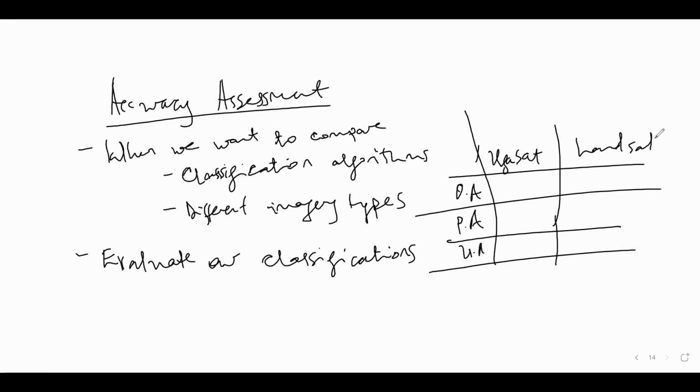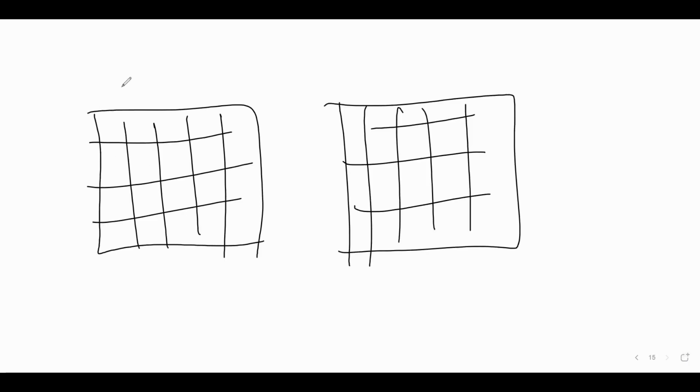But also, to be sure, you want to know that your classifier is giving you accurate results. And why is that the case? Because ultimately, at the end of the day, somebody is going to make a decision based on what you have come up with. So we need to be sure of the accuracy of what we have got. Supposing we carried out a classification, we have a satellite image.